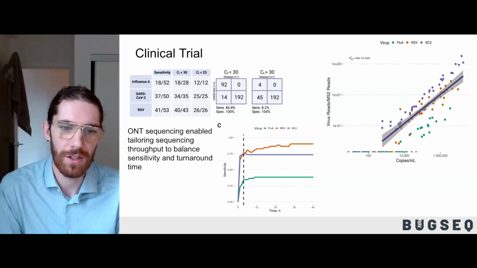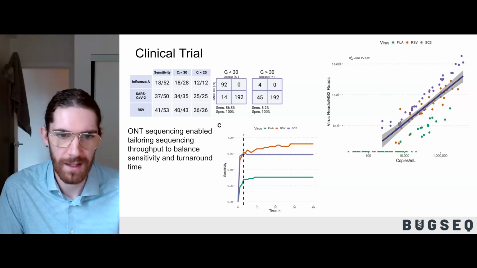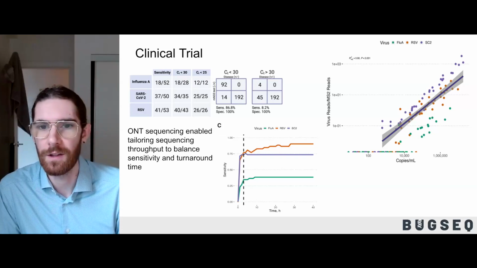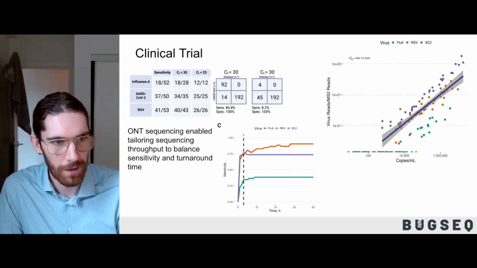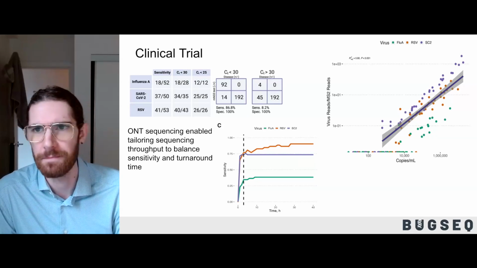But for cases such as public health surveillance, where you may want to prioritize high genome coverage, the sequencing run can continue for those less time-sensitive applications as well, really emphasizing the benefit of real-time sequencing using ONT.